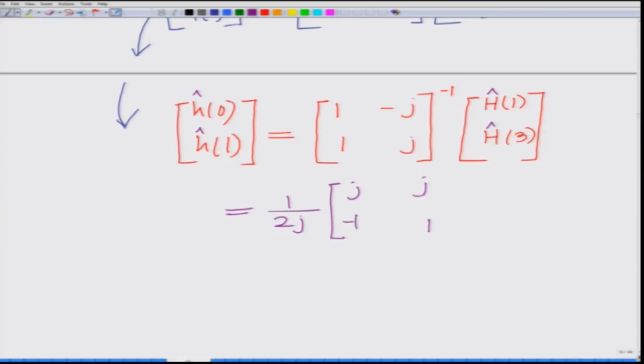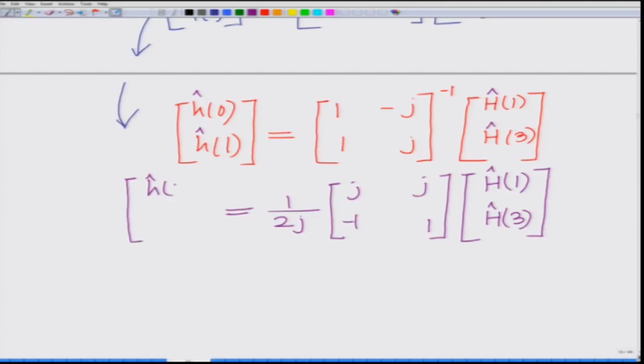That is [j, -1; j, 1], and that is equal to h hat 1, h hat 3, and that gives me my h hat 0, h hat 1.